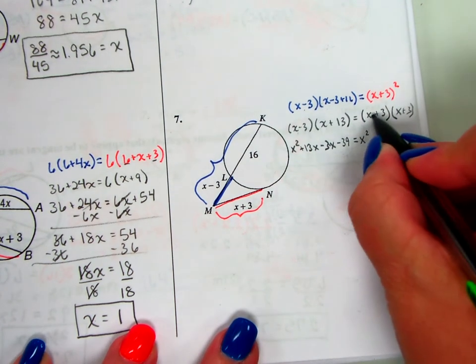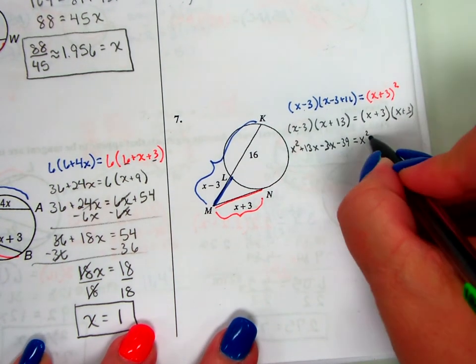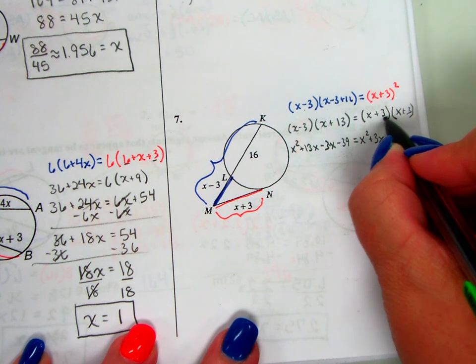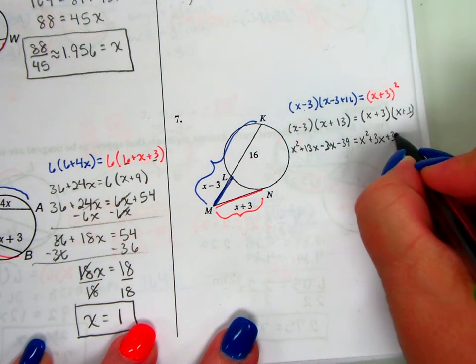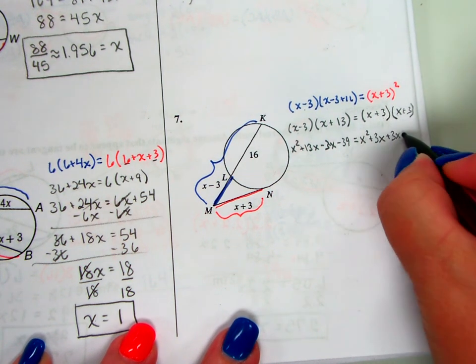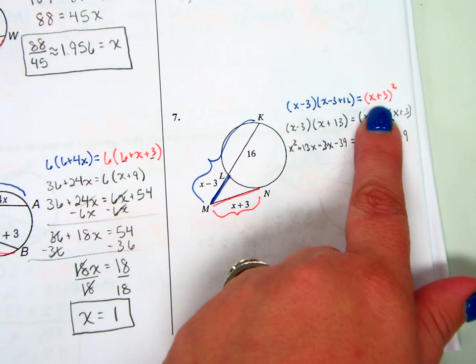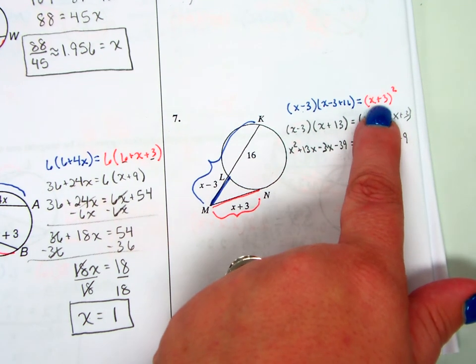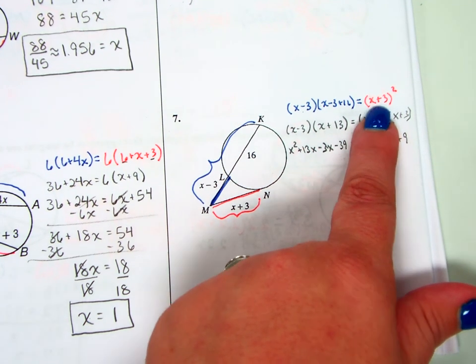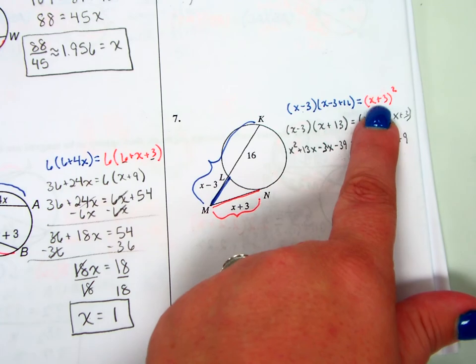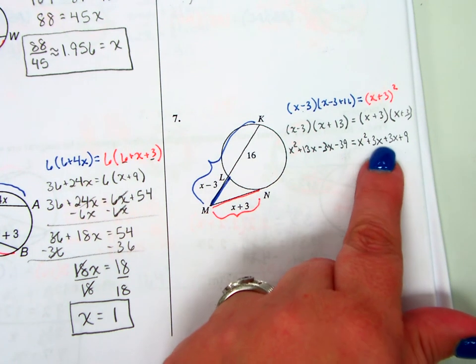And then on the other side, I'm going to double distribute that other side as well. So x times x is x squared. x times 3 is 3x. Then I do the same thing with the 3. 3 times x is 3x. And 3 times 3 is 9. It's important to not try to square this x plus 3 squared without rewriting it, because then a real common mistake is to just say, oh, that's just x squared plus 9.